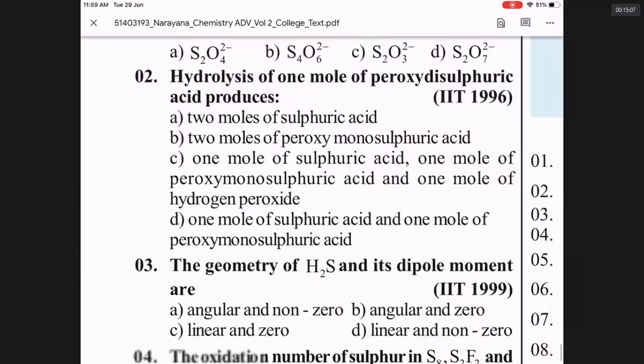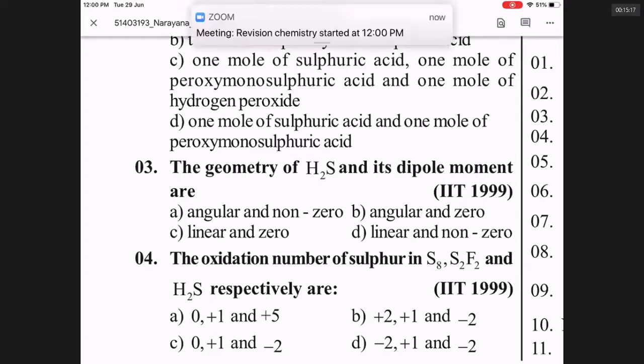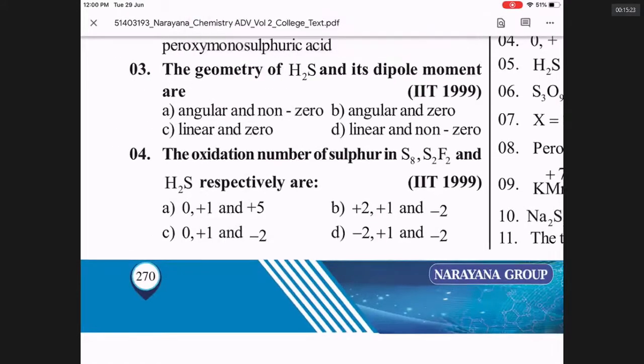The geometry of H2S is a bent molecule. Because it is a bent molecule, its dipole moment is not zero. The oxidation number of sulfur in S8, in any element, the oxidation number will be zero. The oxidation number of sulfur in S8 is zero, oxygen in ozone is zero, etc. In S2F2, oxidation state of sulfur will be +1.